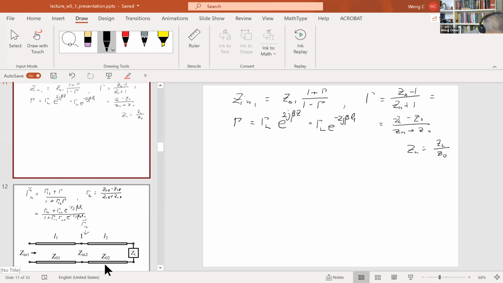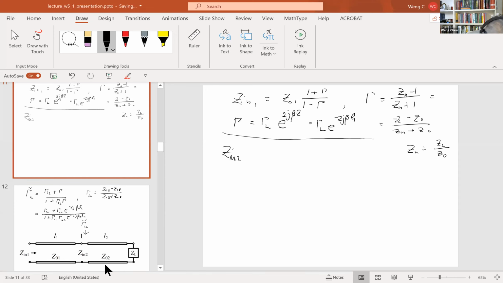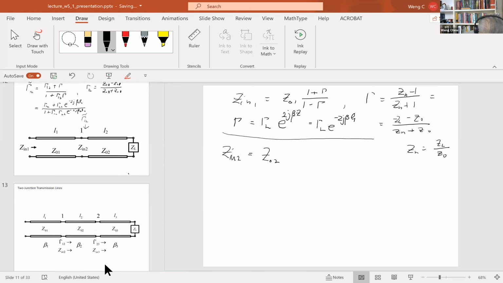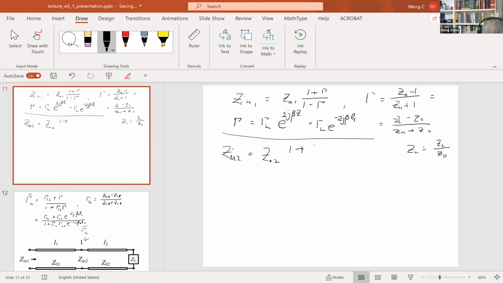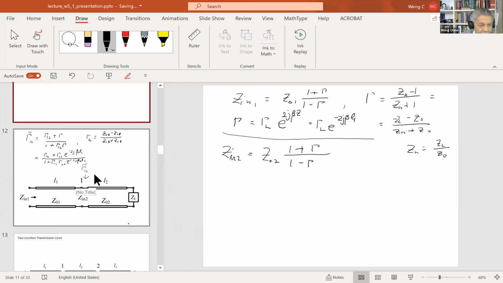Z in 2 should be equal to Z02 times 1 plus gamma over 1 minus gamma, where that gamma would be the general reflection coefficient at this end over here.